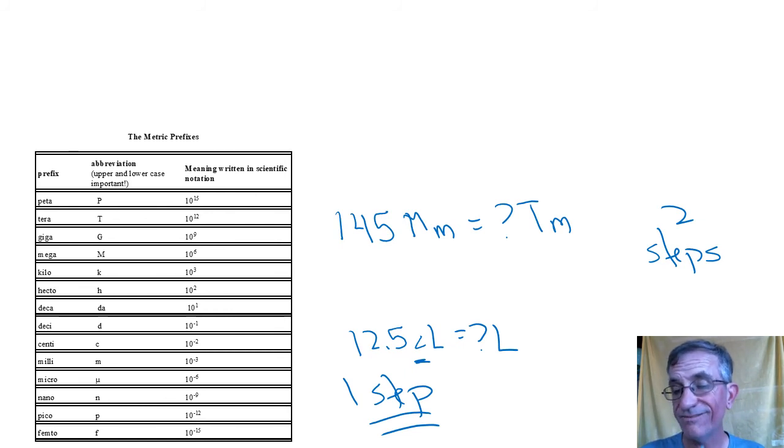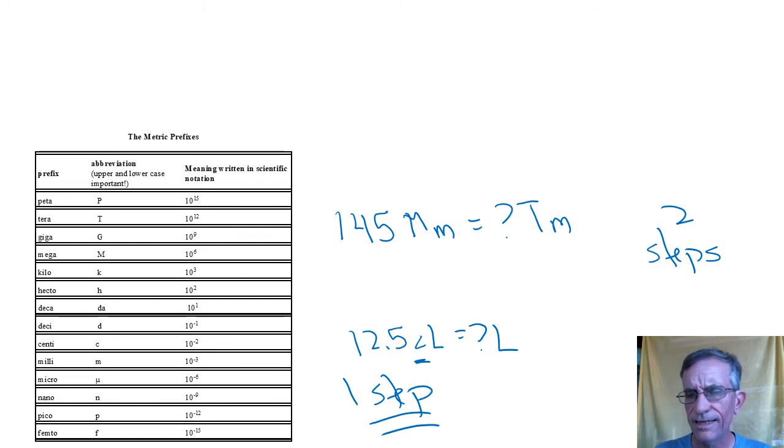Why? Because we're going to have to go from capital M, the prefix, we're going to get rid of that. We're going to need a conversion factor that has to do with capital M and another one that has to do with capital T. So if there's two prefixes, you're going to set up two steps. Let's see what those conversion factors might be looking like.